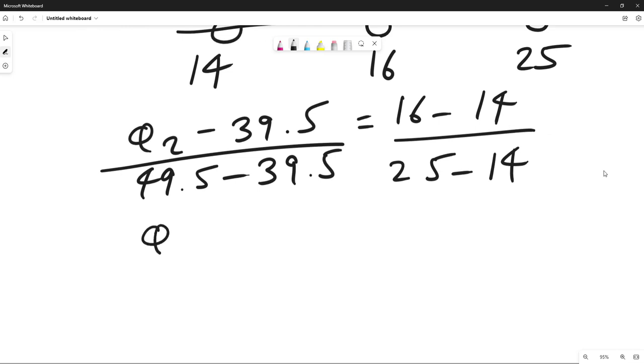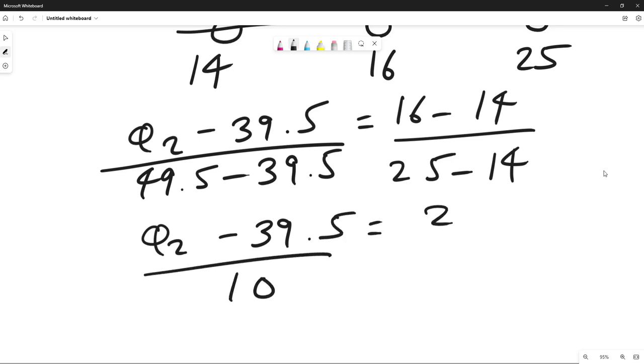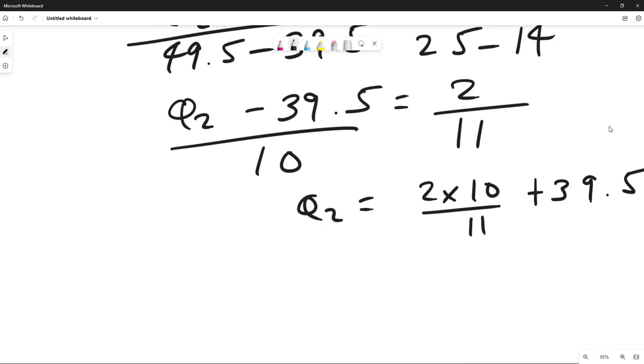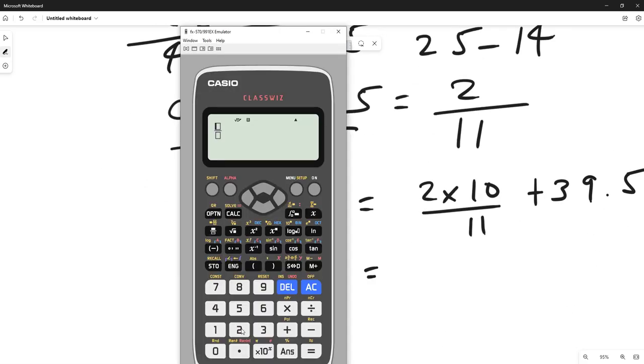So we're going to get Q2 minus 39.5 divided by 10 equals 2 over 11. So Q2 is going to be 2 times 10 over 11 plus 39.5. So that is going to be 20 over 11 plus 39.5, which is 41.3.